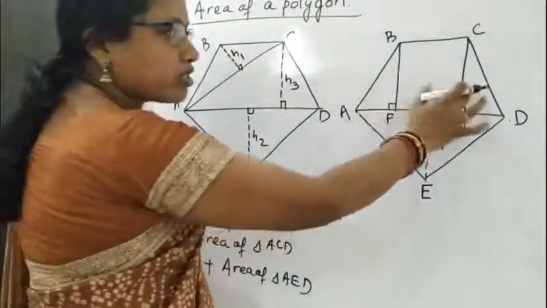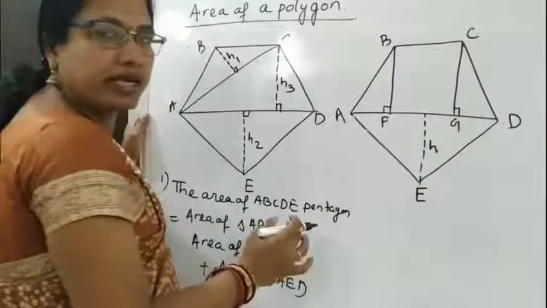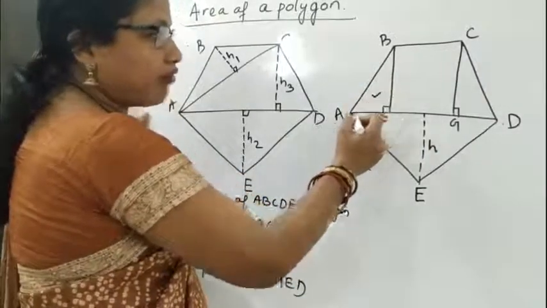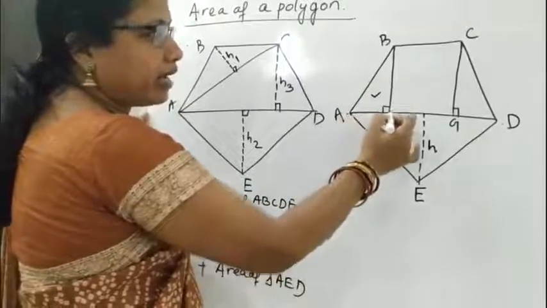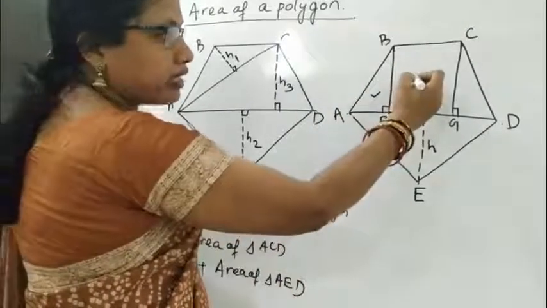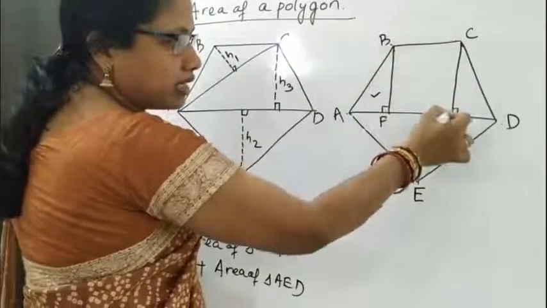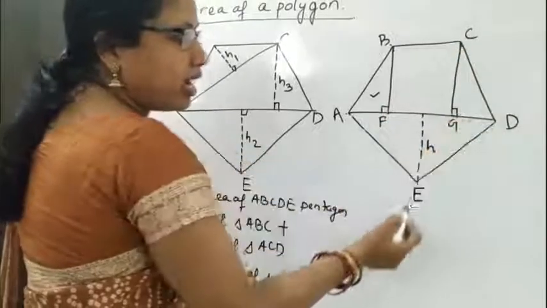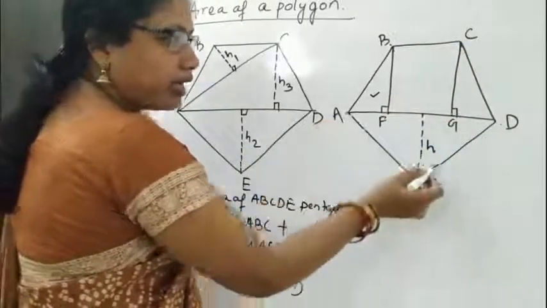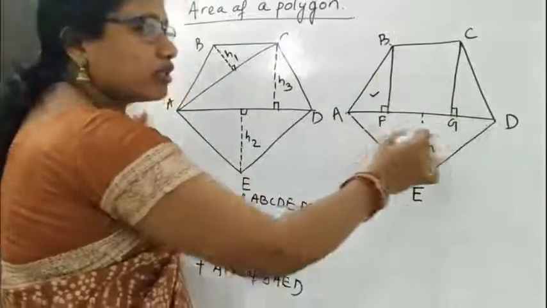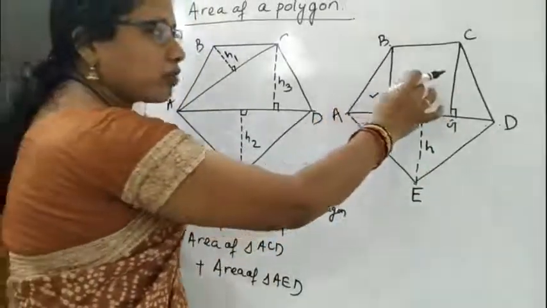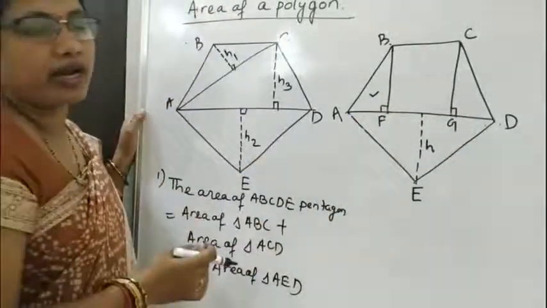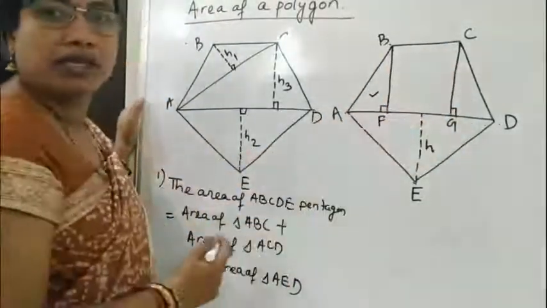By this construction, the polygon ABCDE is divided into one right triangle AFB, then a trapezium BCGF, another right triangle CGD and another triangle AED. So if we sum the areas of the four figures, three triangles and one trapezium, then we will get the area of the pentagon ABCDE.